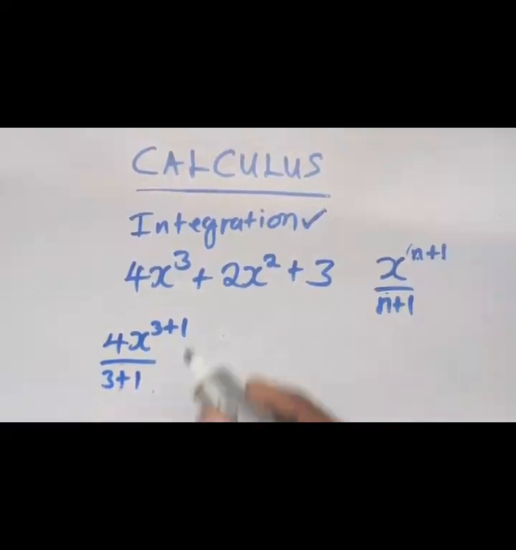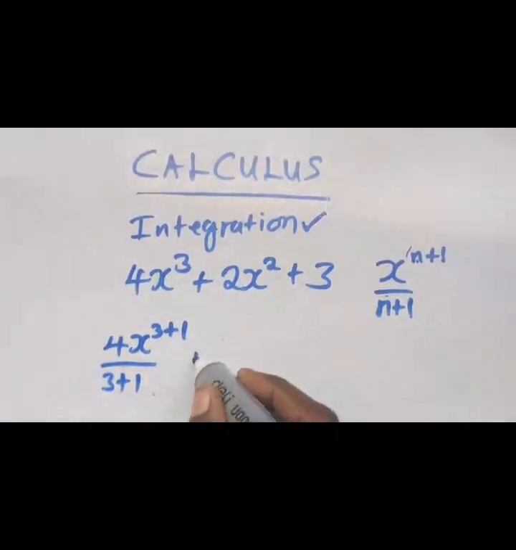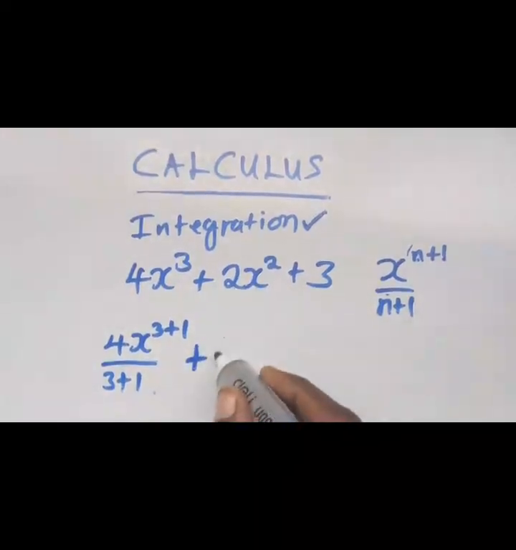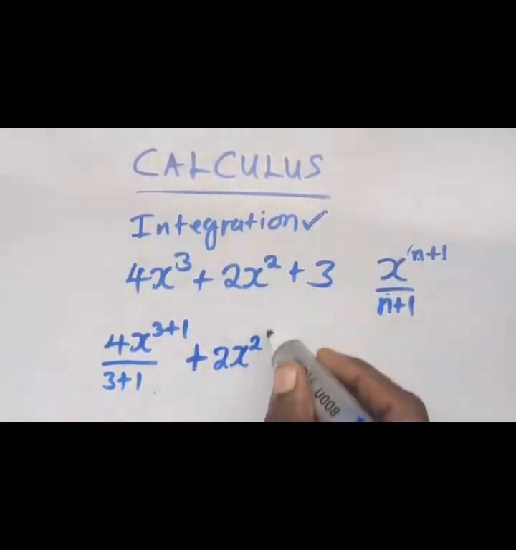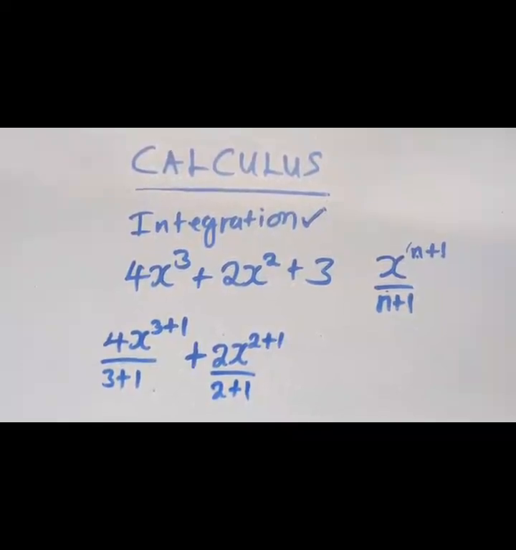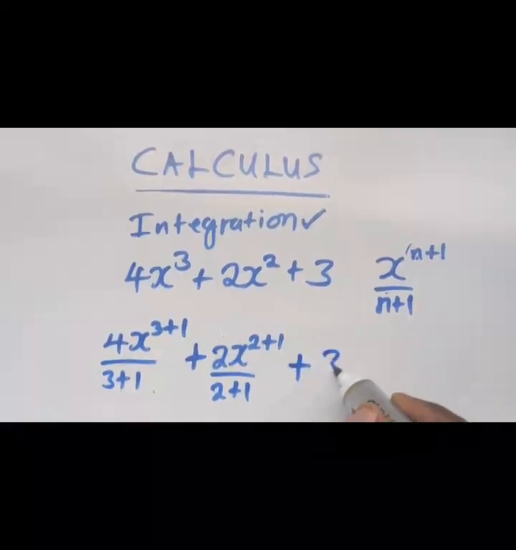Then you continue. This is a positive, so you're going to say it is 2x to the power 2, then you're just going to add the 1. As simple as that. Have you seen how calculus is simple? So you're going to say plus 1. Then here we are going to say it is a plus 3.